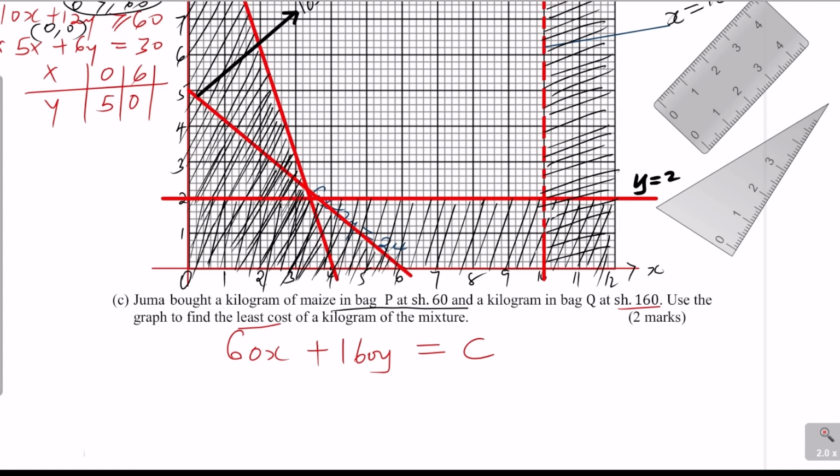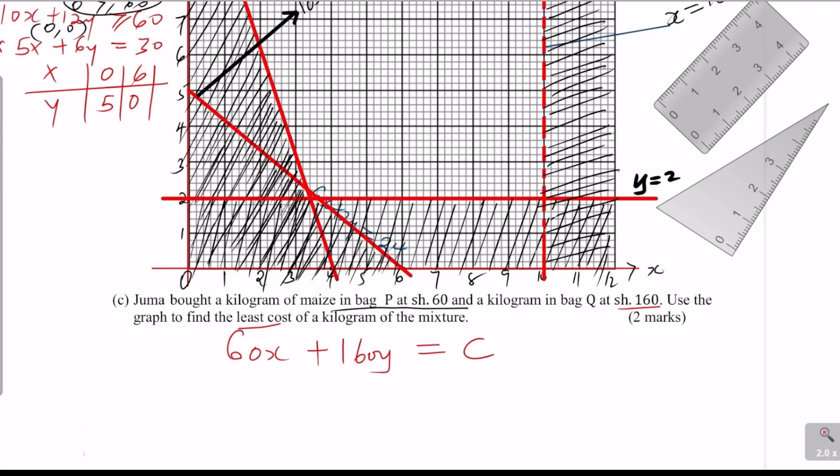Once you get those values that give us the minimum cost, we can substitute those values of x and y in this objective function and get the cost. For this, I'll use a search line.